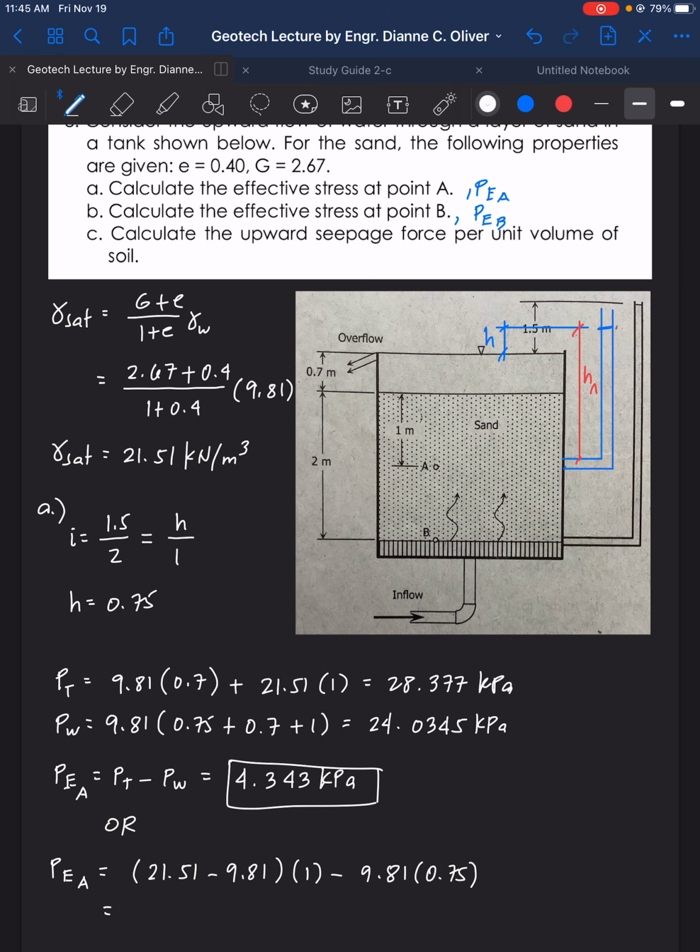So P effective is now equal to 21.51 minus 9.81 minus 9.81 times 0.75. The answer is the same, 4.343 kilopascal. So you can use this or the shorter one. So that's for letter A.